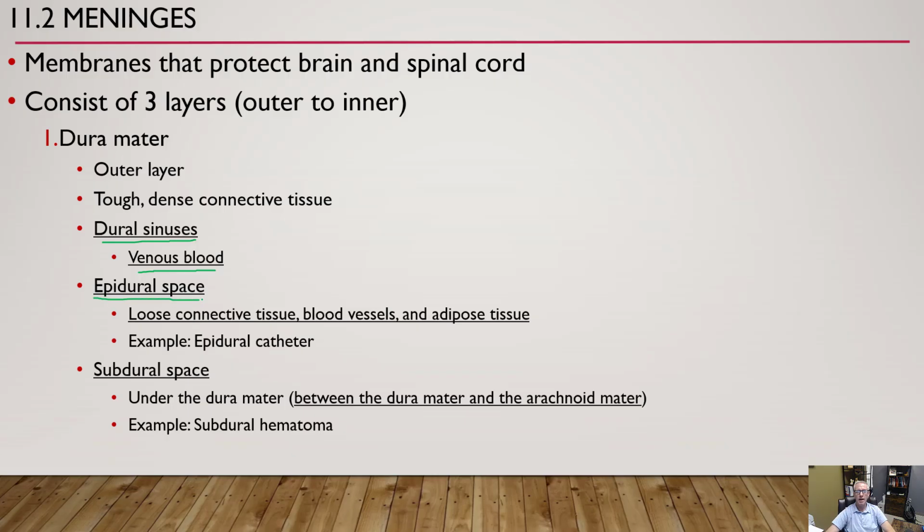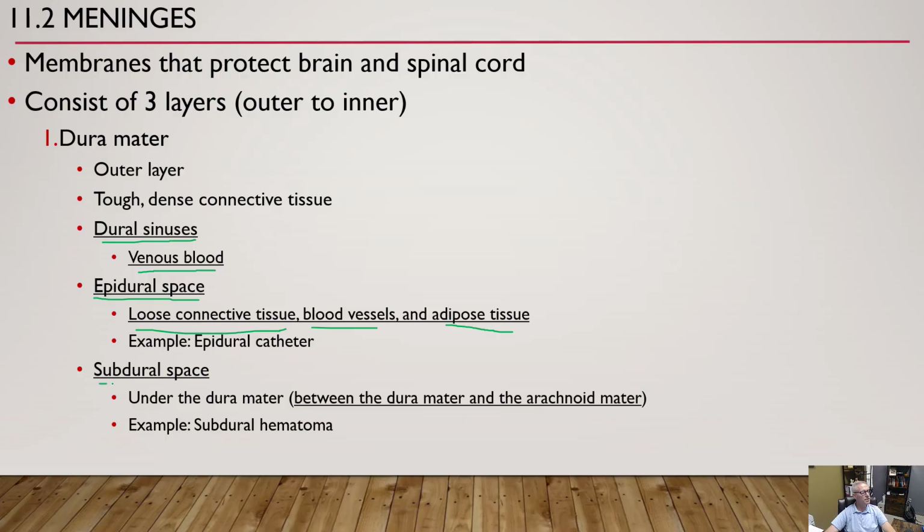If you have an epidural catheter, for females going through childbirth, epi means around. So this epidural catheter would go just outside of that dural space. You would not puncture that dura mater when you're placing this epidural catheter. There's loose connective tissue, blood vessels, and some adipose tissue, which is just fat.